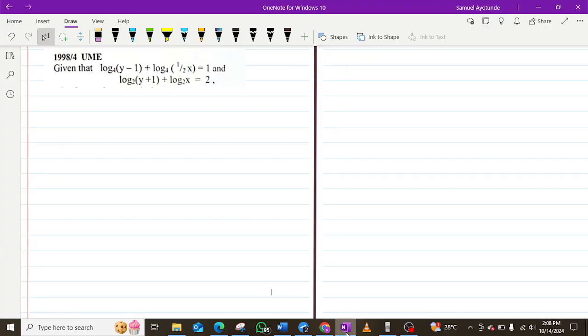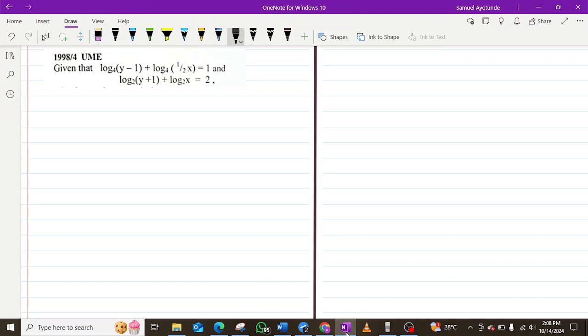So we have another question here, the JAMB UTME question. We have log base 4 of (y minus 1) plus log base 4 of (1 over 2x) is equal to 1, and log base 2 of (y plus 1) plus log base 2 of x equals 2.